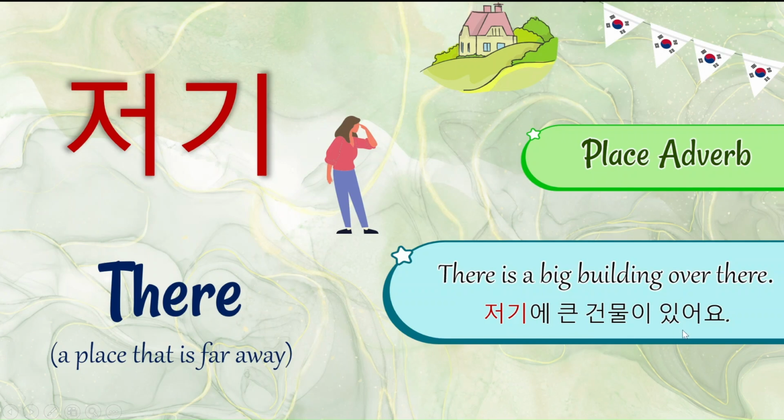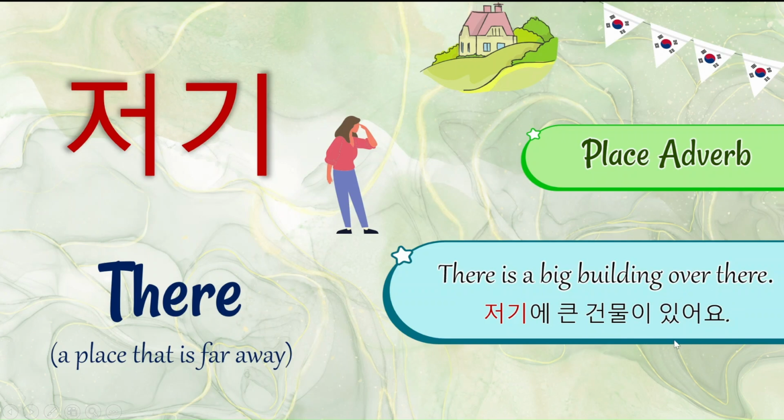저기에 큰 건물이 있어요. Building in Korean is 건물. Big is an adjective which is 크다. So big building, 큰 건물. Now, you have to indicate the location of something.